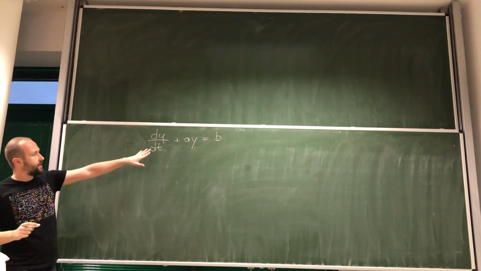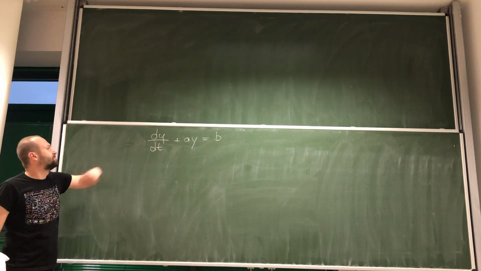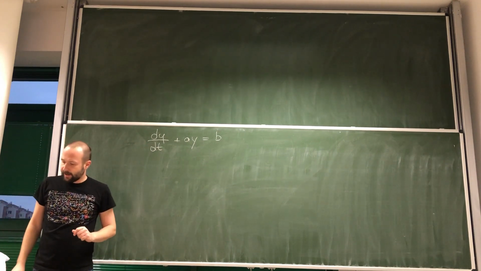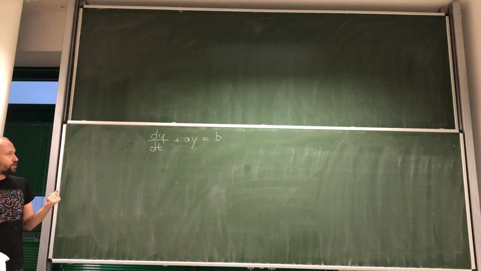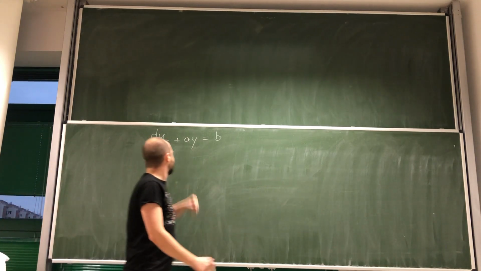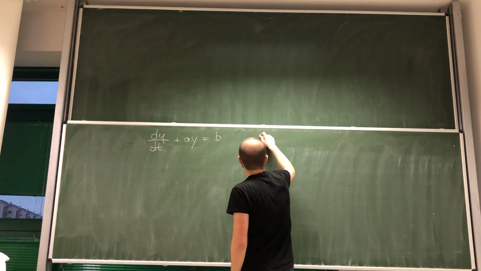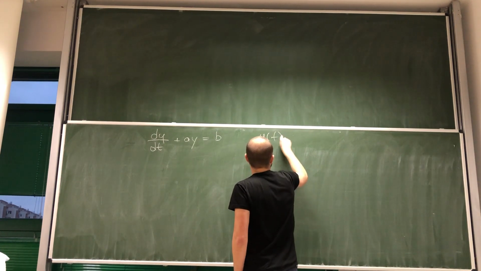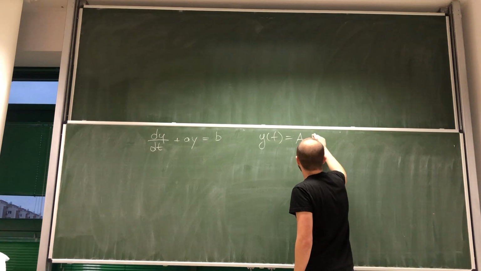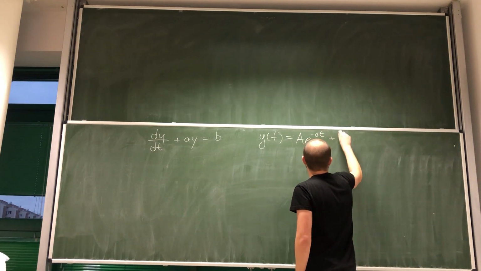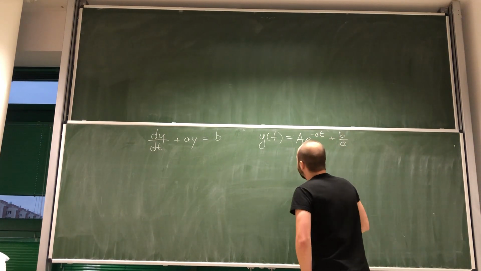And we showed that a definite solution for this equation is y of t equals A e to the power negative a t plus b over a.